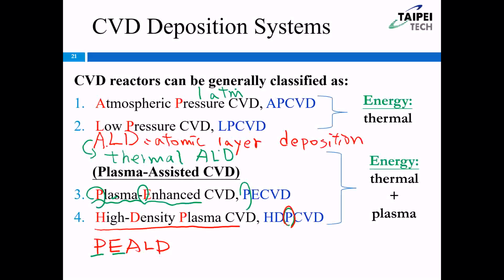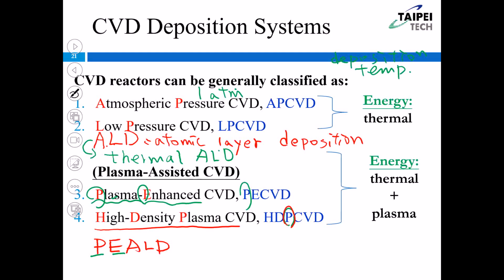The energy source we have is the plasma. One big difference between those two kinds of CVD will be the deposition temperature. The deposition temperature will be different.